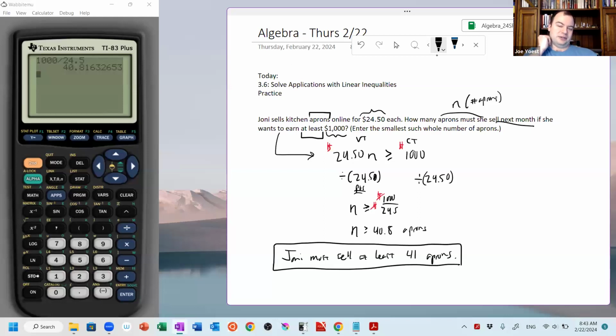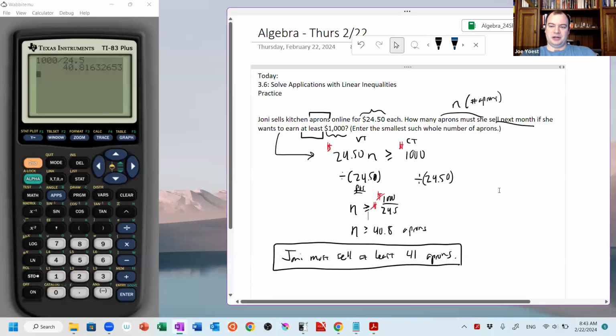Obviously you can't sell a negative number of aprons, and just understanding that she makes about 25 bucks an apron and has to make $1,000, she doesn't have to sell 30,000 aprons. She has to sell more than 5 aprons, right? But our answer does seem to be reasonable in this context. 40 aprons, that's about 25 bucks an apron. Roughly, that's about $1,000. So that seems about right.